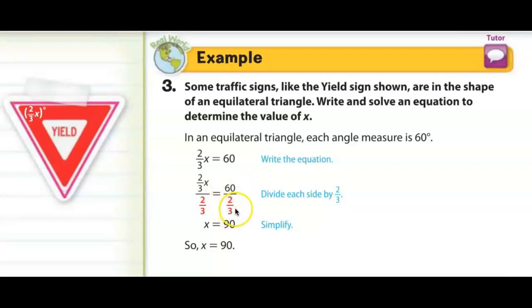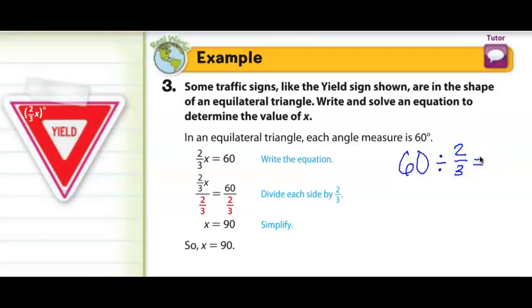And this becomes a little complicated because if you divide by a fraction, you've got to remember how to do it. And so that magically tells us the answer is 90, but we're going to review how to do this. So basically, over here, we're going to take our 60, and we're going to divide it by 2/3.